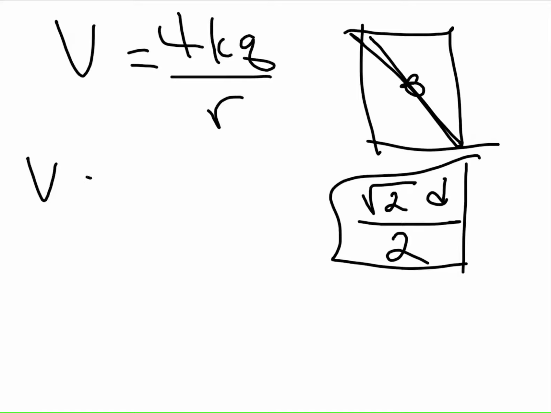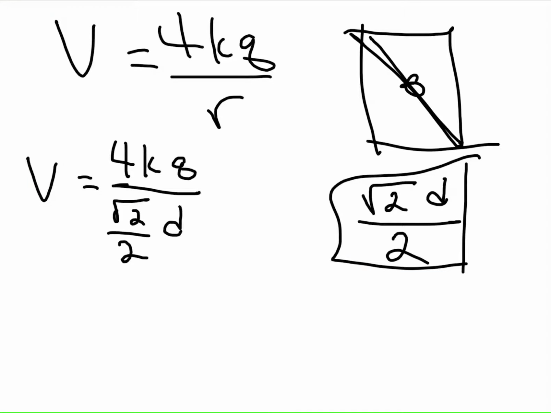So I'm going to come over here, 4KQ over rad 2 over 2 D. Now, I can flip and multiply that. So I'm going to get V equals 8KQ over rad 2 D. Now, could you go further than this? Sure. Could you rationalize the denominator? Sure. Do I think you need to? I really don't. I can't imagine any teacher, AP grader, anybody who's going to not accept that answer. Okay?